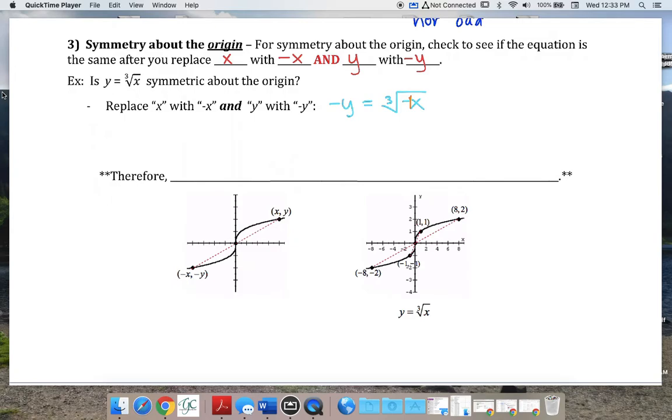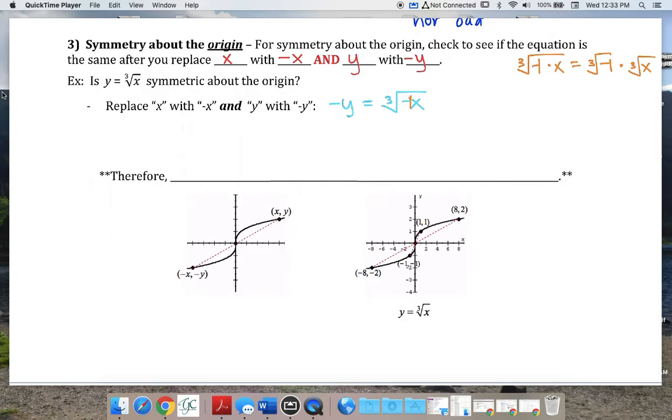And when we take the cube root of a product, so this is really negative 1 times x inside, we can split this up into the cube root of negative 1 times the cube root of x. And the reason I want to do that is because we can simplify the cube root of negative 1. We can get rid of the cube root there, but the cube root of x is not going to simplify.